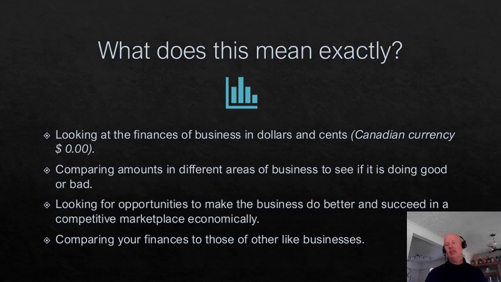One of the things I can think about is when we looked at the current ratio and we were comparing our current assets to our current liabilities to see how good or bad our business is doing. We're also going to start analyzing those numbers, what they mean. We're going to look for opportunities to make a business better, whether you're working for a business or whether you might even have your own.